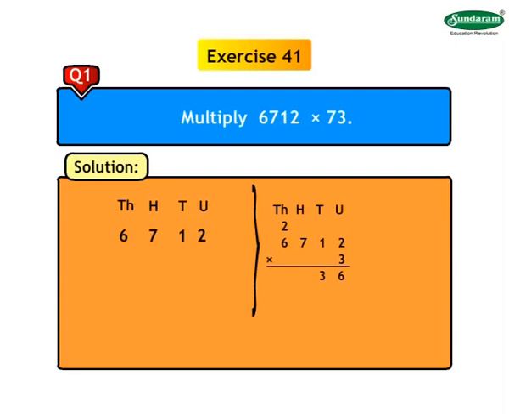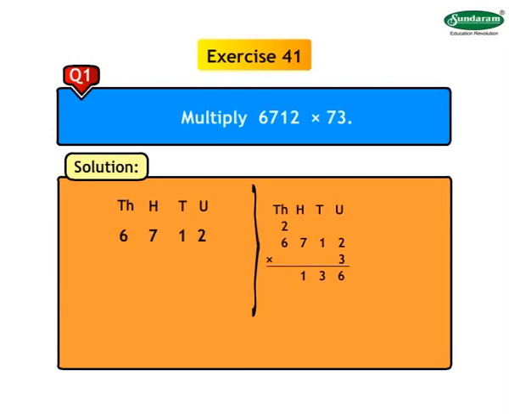Now, multiply 3 into 7 hundreds. 3 into 700 is equal to 2100. Write 1 to the left of 3 in the answer place. Carry over 2 to the thousands place.